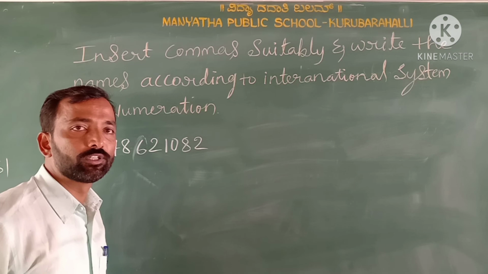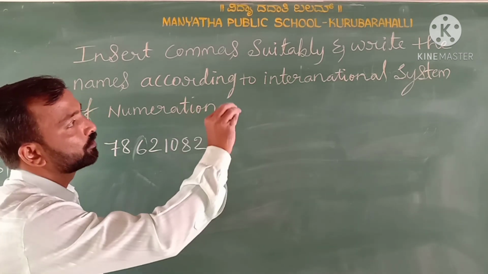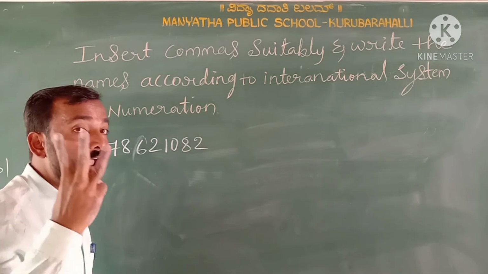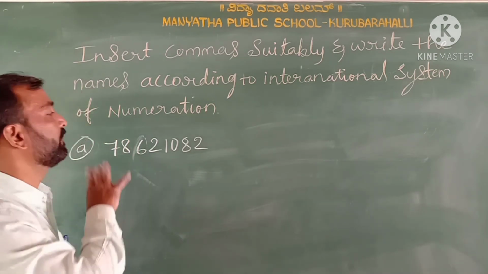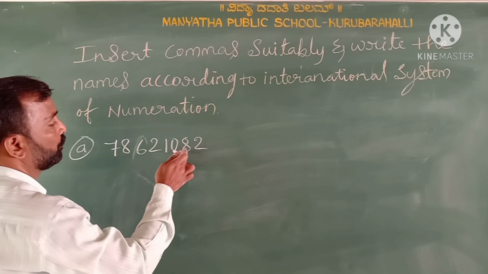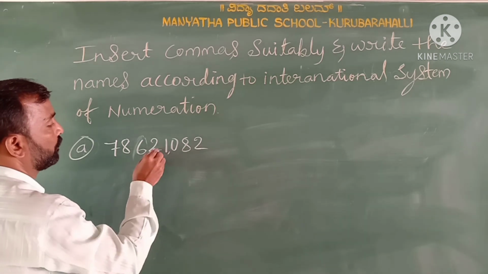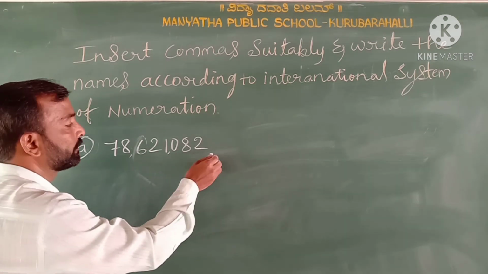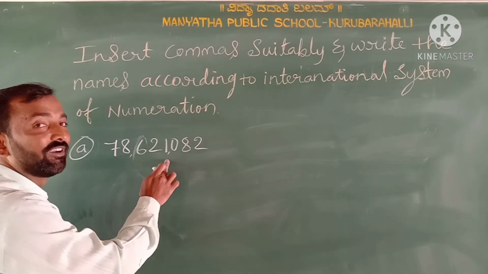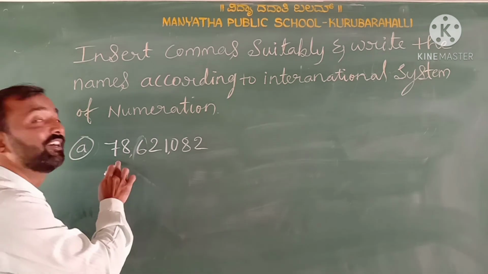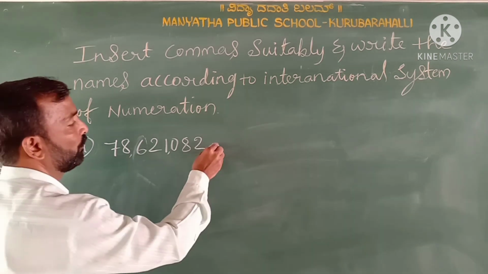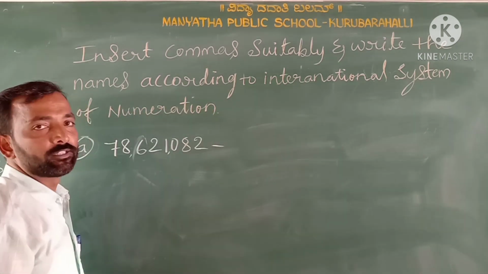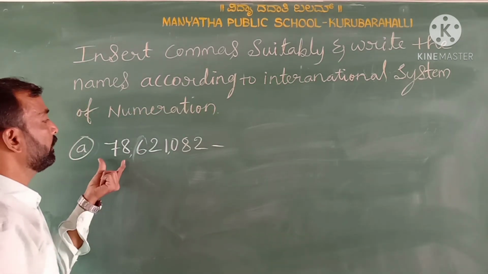Already I told that according to international system of numeration, putting a comma, it is for every three digits. See, 1, 2, 3. Yes. 1, 2, 3. Yes. One thing, first is units, thousands, not lakhs. We are in the millions group. So now write the names according to international system of numeration. Okay. It is what?